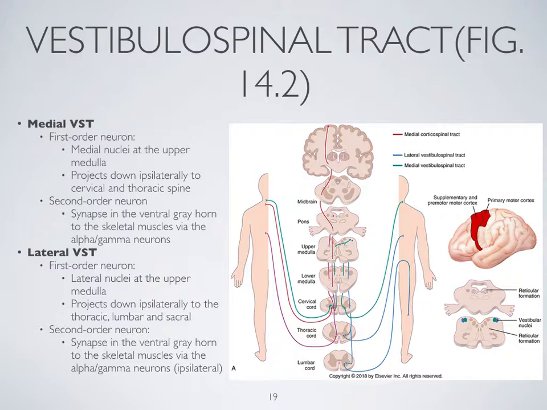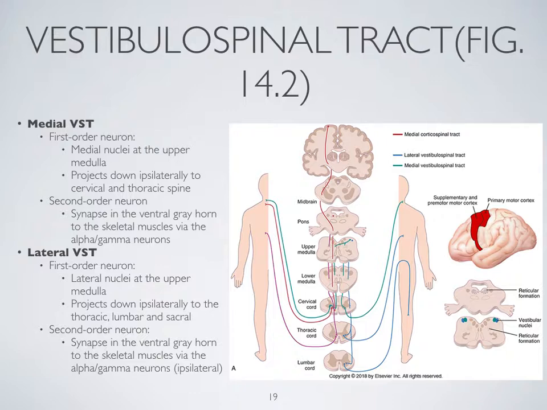Both of the nuclei, and then they're each going to stay on the same tract until it decides to synapse on both sides for our head and neck control. So the first motor neuron is going to be that upper motor neuron complex, starting at the nuclei in the medulla.